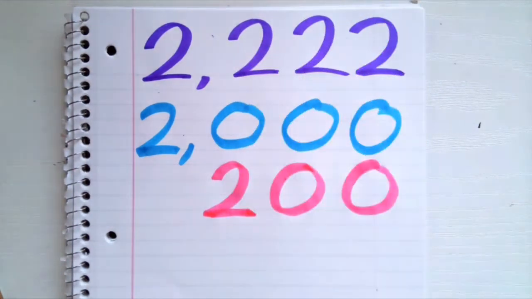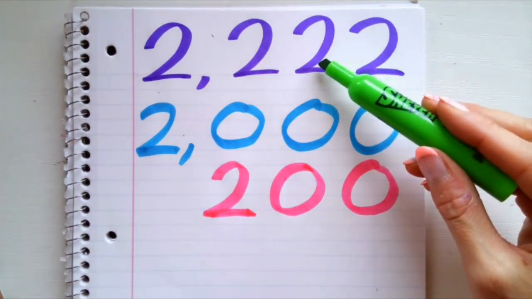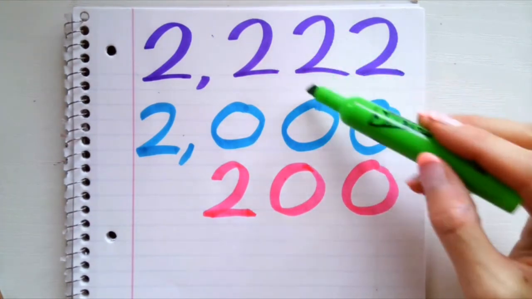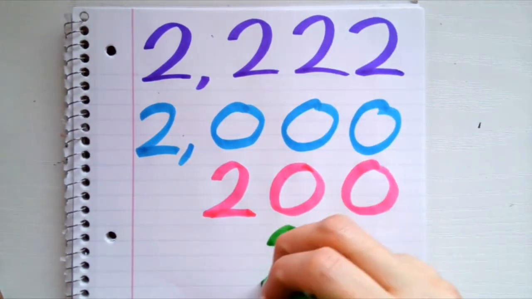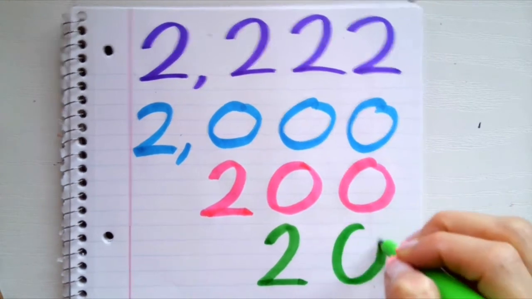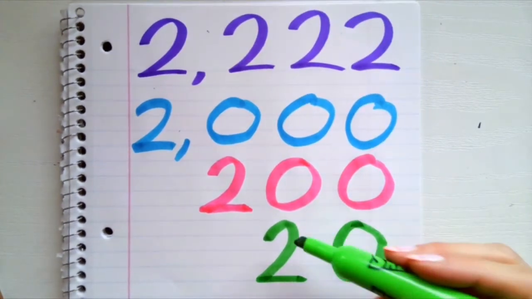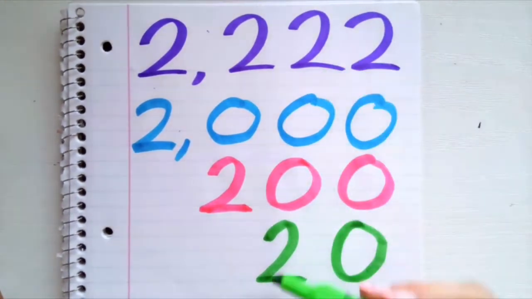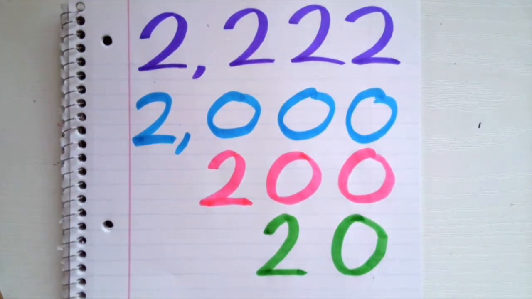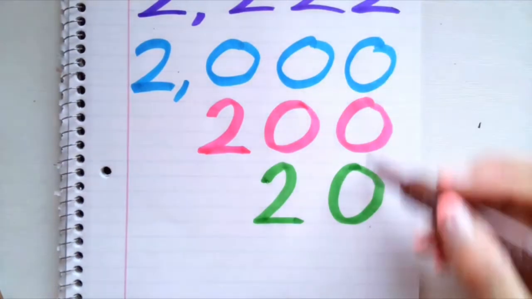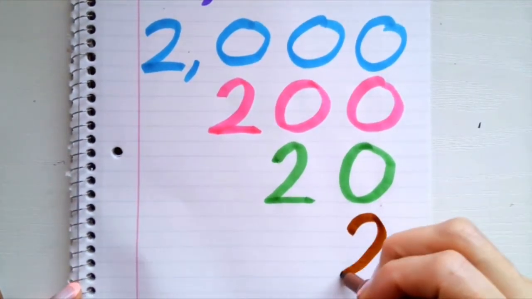Its place determines its value. What about this 2? What place value is it in? Right, it's in the tens place. So its value is 20. Let's move down to put the last 2, which is in the ones place.